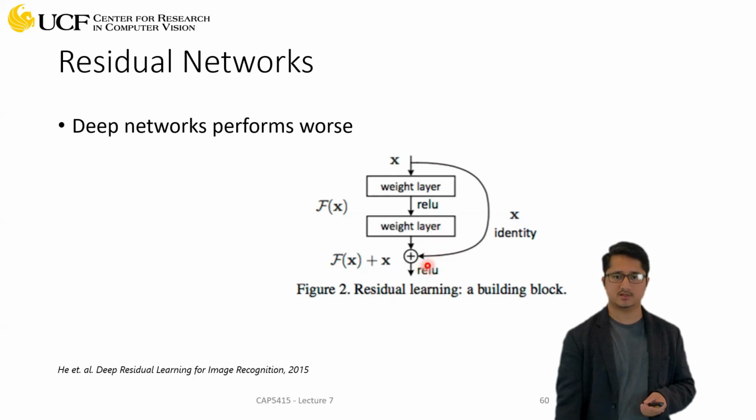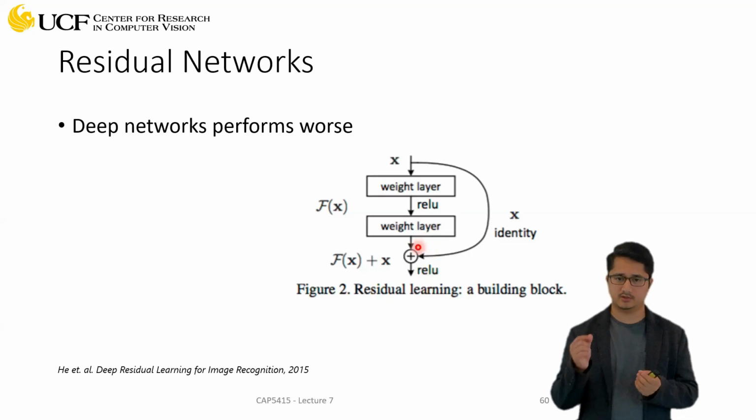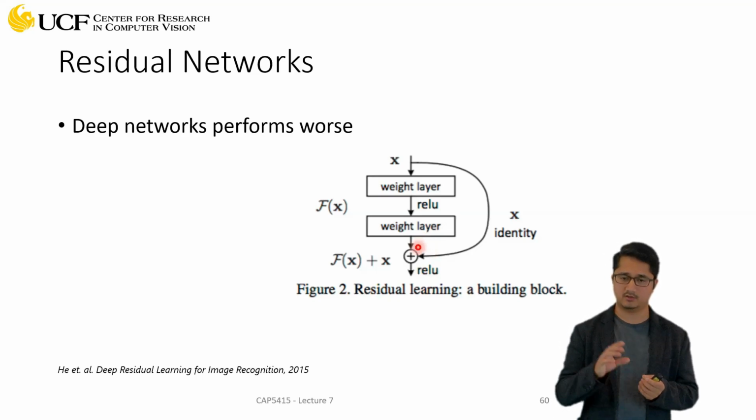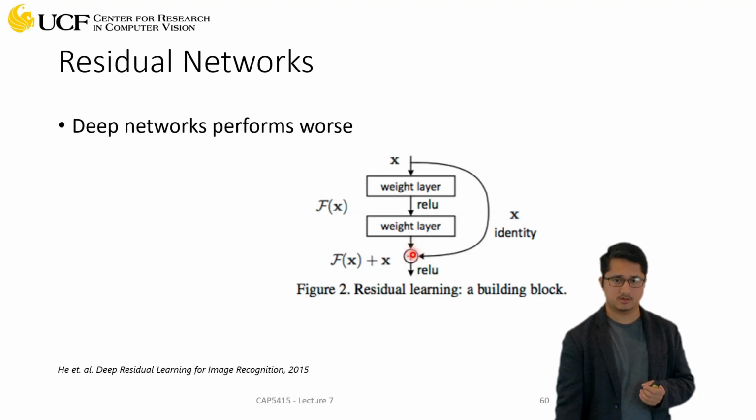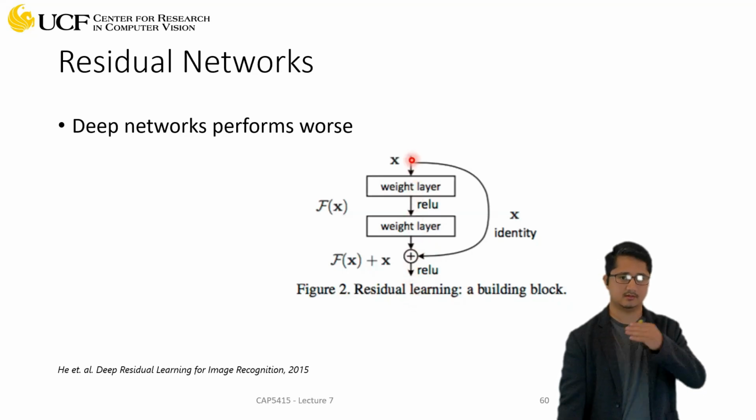Now let's try to understand why this is useful. As we discussed, the issue was that your gradients were vanishing or exploding. Gradients always flow in the backward direction, since it's backpropagation.